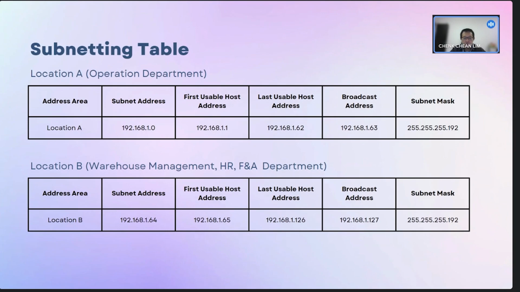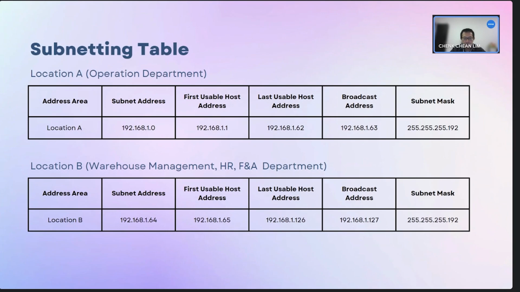The first usable host address is calculated by adding 1 to our network address, which is 192.168.1.0. After adding 1, it will be our first usable host address. The last usable host address is calculated by subtracting 1 from the broadcast address.